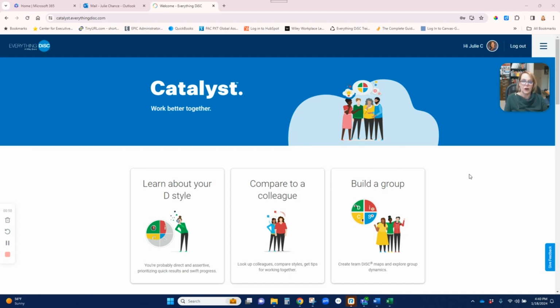So we are on the home page of the Catalyst platform. This is the page that you will see when you log into Catalyst. If it's been a few months since you've logged in, then it might look a little bit different. This home page now has three main sections or boxes. One allows learners to really dig into their style.